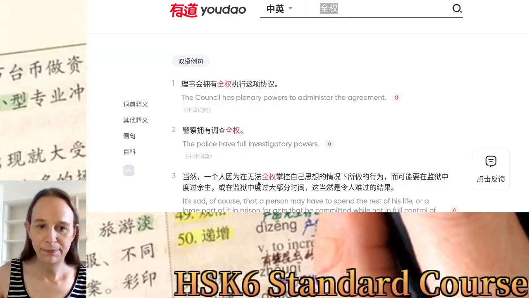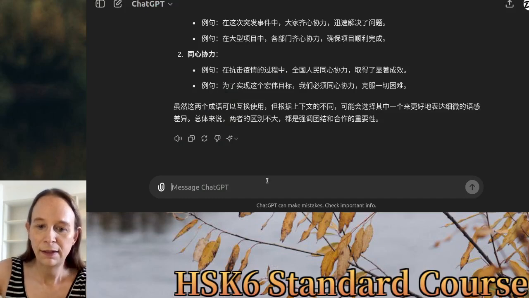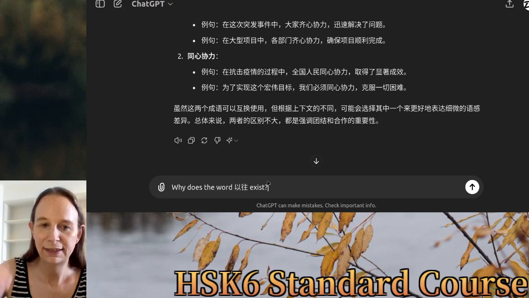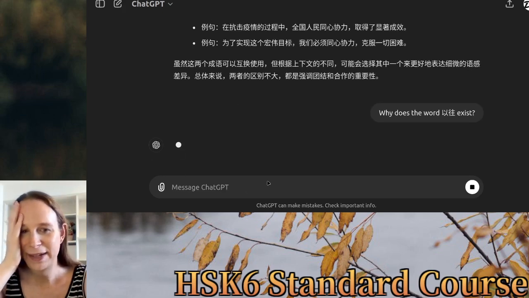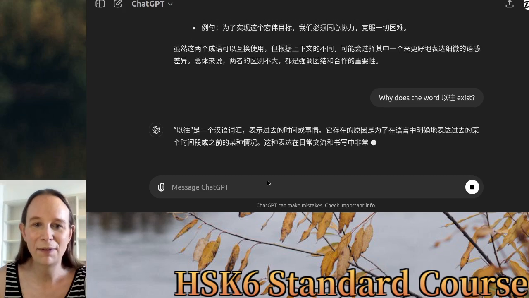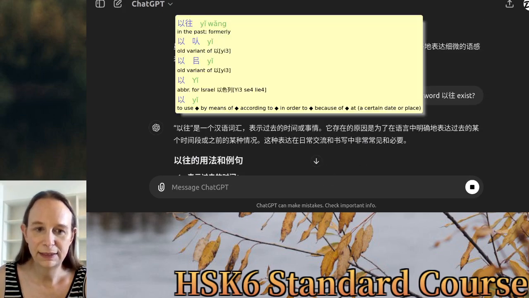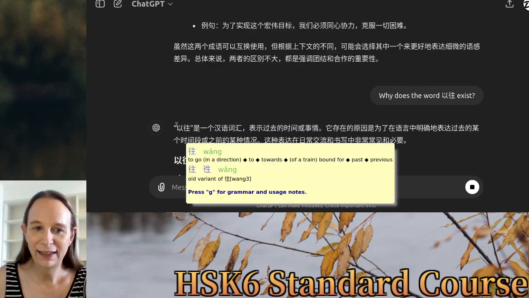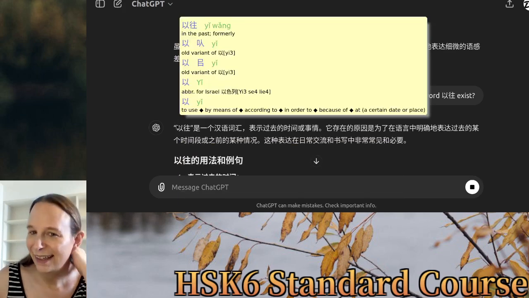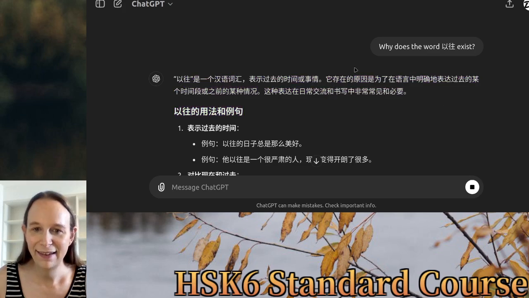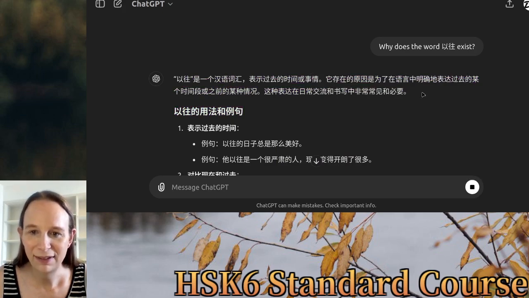Let's ask ChatGPT. Why does the word 以往 exist? Kind of a strange question, but there's so many synonyms. Why would you think up another one when you've got perfectly good words? 以往. In the past, formally. See, that sort of stuff makes it sound like it's an adverb or adverbial rather than a noun, but it's definitely a noun. 它存在的原因是为了 all right.